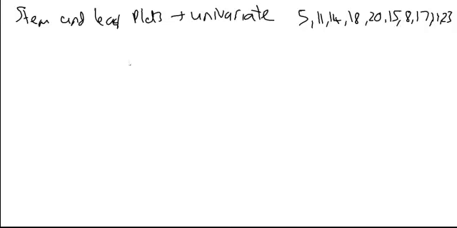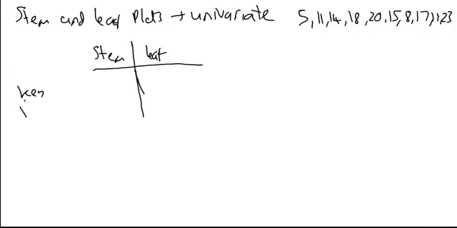then the stem and leaf plot would be, well, we'd have the stem and the leaf. Let's say the key, so 1, the stem, and 6, the leaf, means 16 marks. And now we just fill out this table.